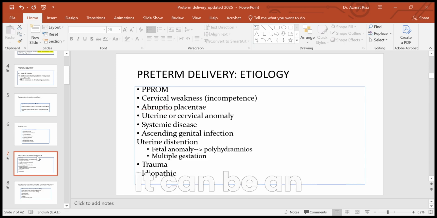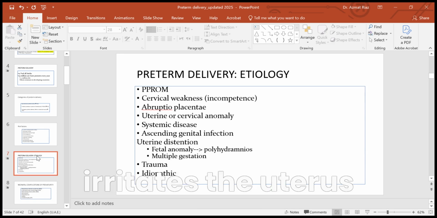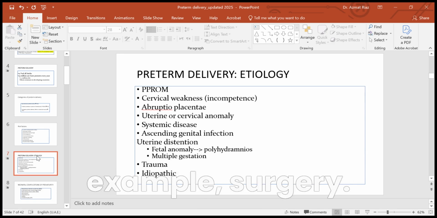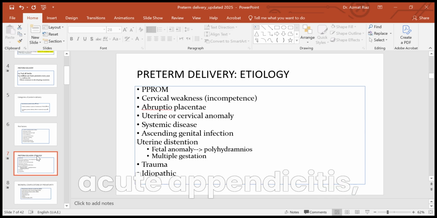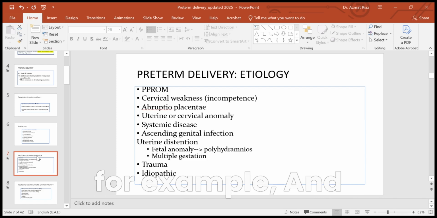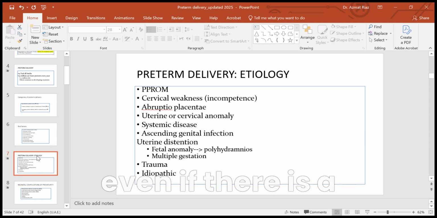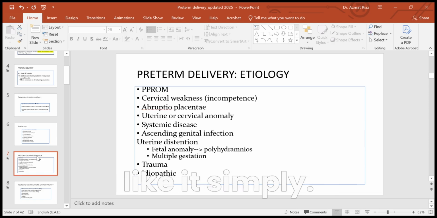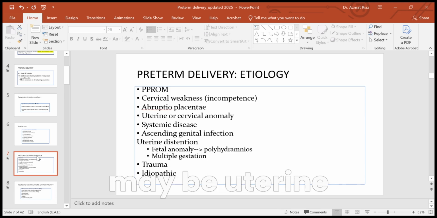It can be an infection, it can be blood inside, any condition which irritates the uterus. Even if a woman is being operated upon for acute appendicitis, for example, and the appendix lies close by, even if the problem is not inside the uterus, or there is a systemic illness, the uterus just starts to contract because it is irritated.